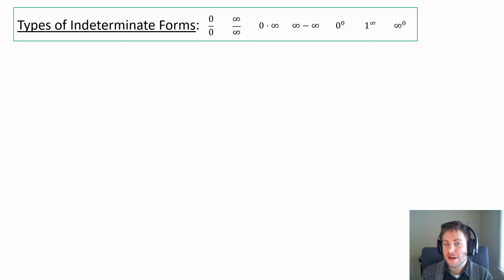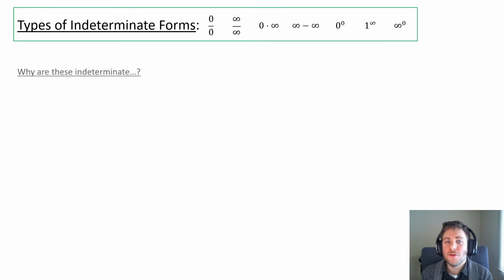Whenever you see a limit of any of these forms, it means that more information is needed before you can make a conclusion. So I suggest memorizing these so that you can recognize them in the future, or at least consider putting them on your formula sheet.